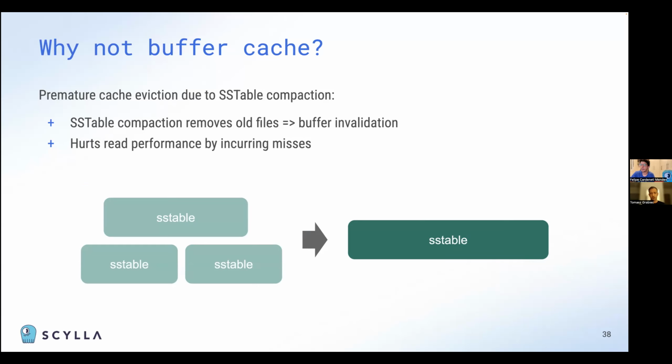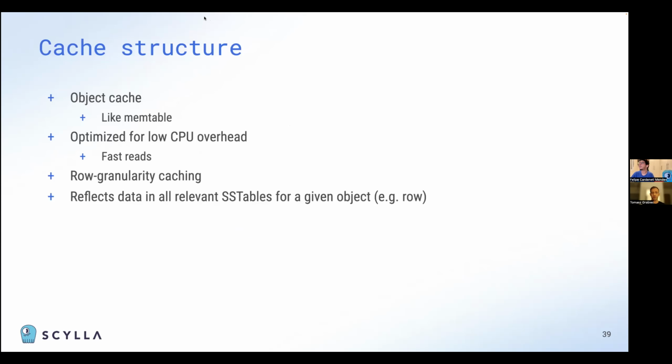And when this compaction is finished, the old files are removed. And if you work with buffers, then you basically lose those buffers in cache. And you will hurt your performance because reads for the keys which previously were cached will now be not cached.